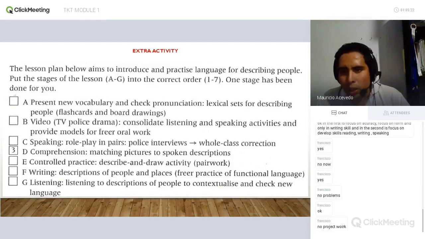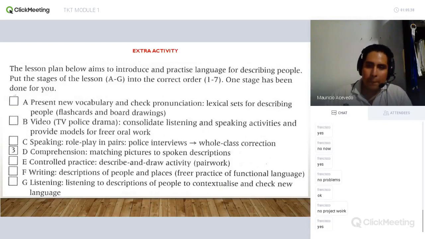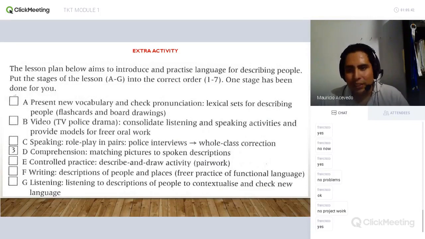No project work? What do you mean? Any of them? Okay, which one then? Which of these planning do you have?